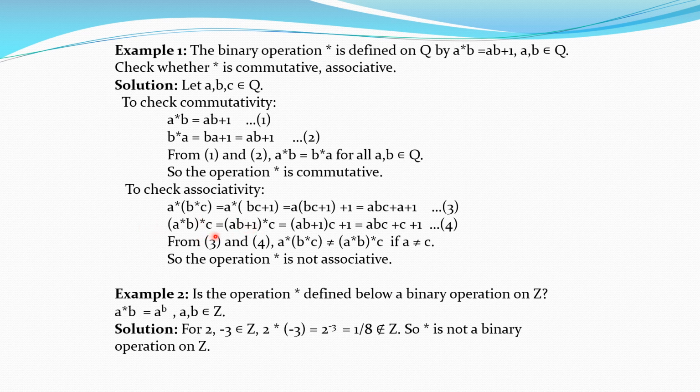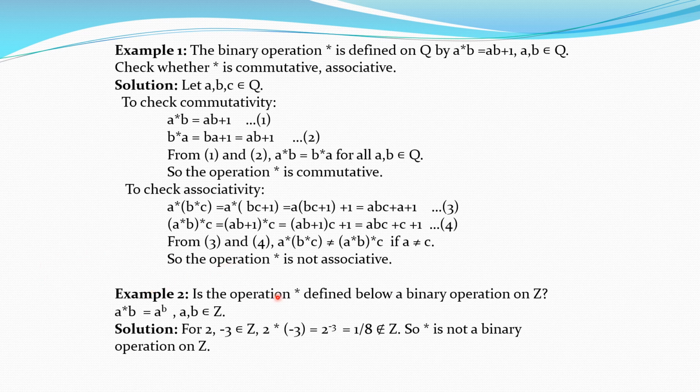Simplifying it further, it is abc plus c plus 1. Now compare the RHS. abc is the same, 1 is also the same, but here we are getting the term a and here we are getting the term c. So they are not necessarily equal. So from 3 and 4 we can say that a star (b star c) is not necessarily equal to (a star b) star c. So the operation star is not associative.